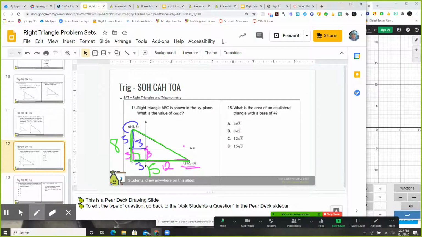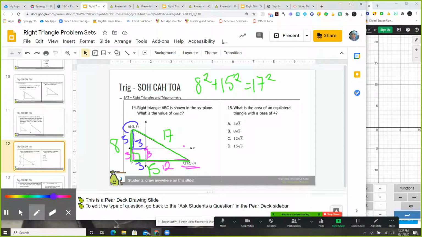It's a good guess, but let's do Pythagorean theorem. 8 squared plus 15 squared does equal 17 squared. You were very close, right? A lot of them are, but not all of them.